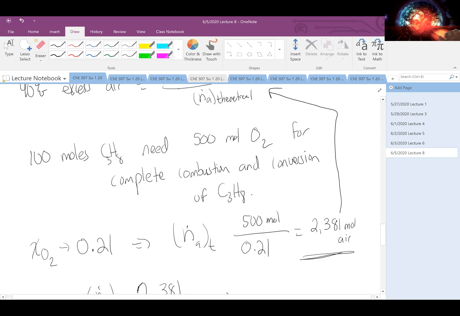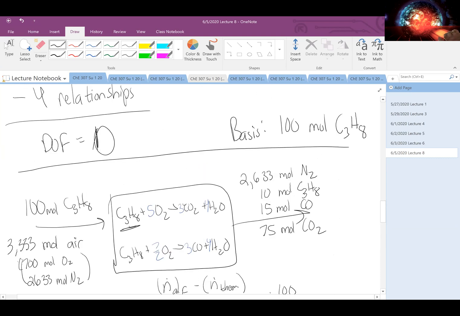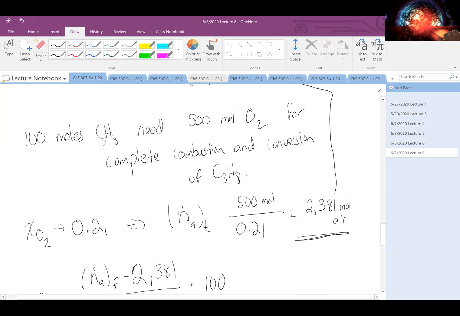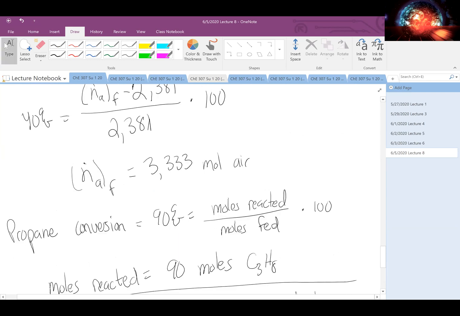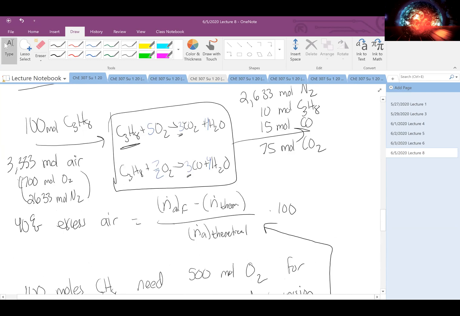I forgot that for every mole of propane that reacts, 3 moles of CO2 and 3 moles of CO form. So it should be 3 times the 15% of the, so this should be 45 moles, and this should be 225 moles. So go ahead, Mitchie, repeat your question. Does that answer it, or did you have another question?